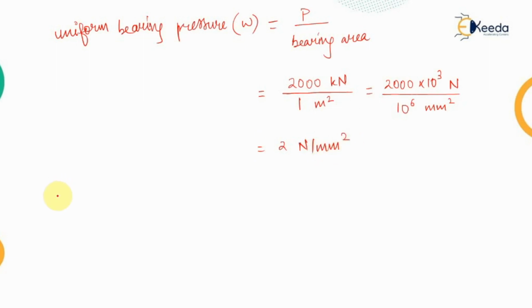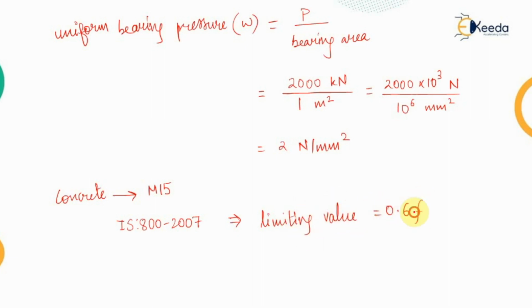Now if the concrete pedestal below the column base plate is of M15 grade of concrete, then as per IS 800:2007, that is the latest code for the designing of steel structures, the limiting value of the bearing pressure is given by 0.6 fck, where fck is the characteristic compressive strength of the concrete.